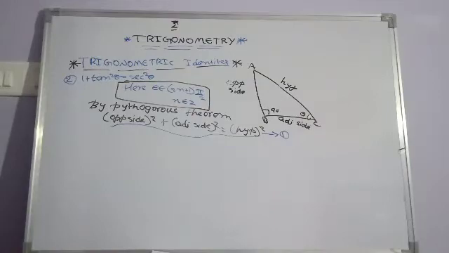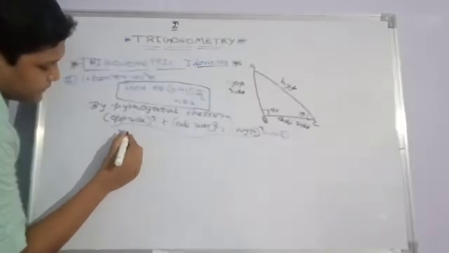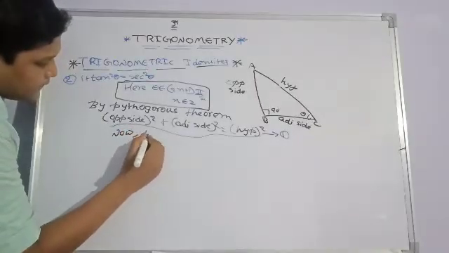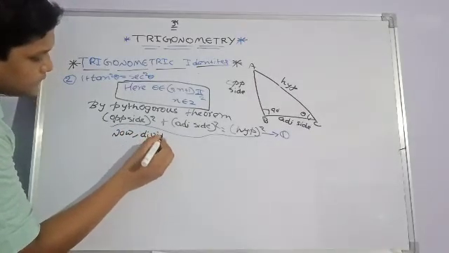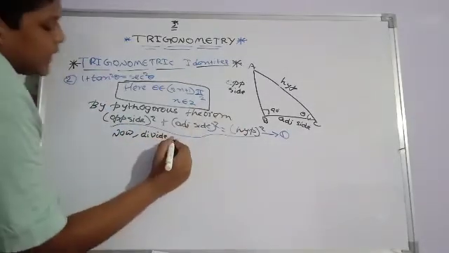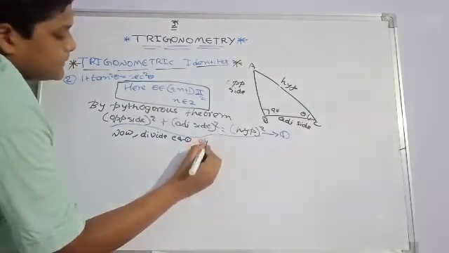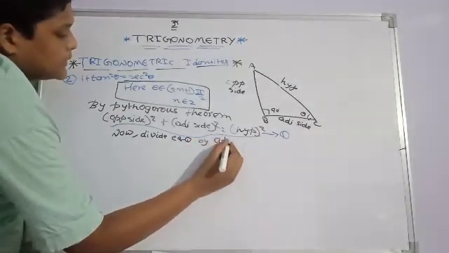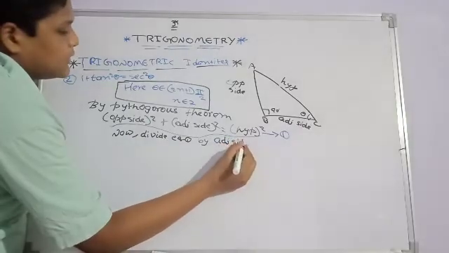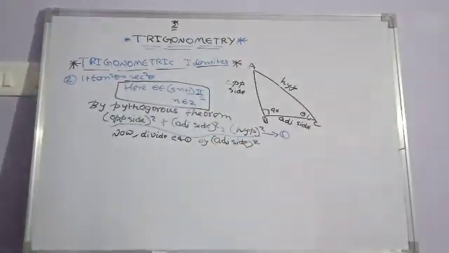Now we need to divide equation 1 by adjacent side whole square.